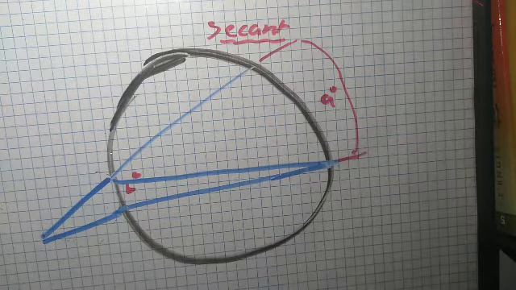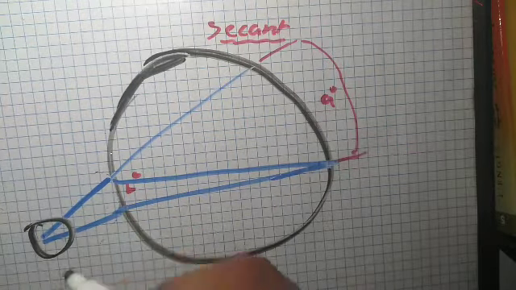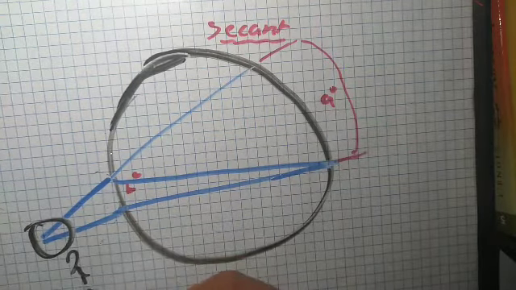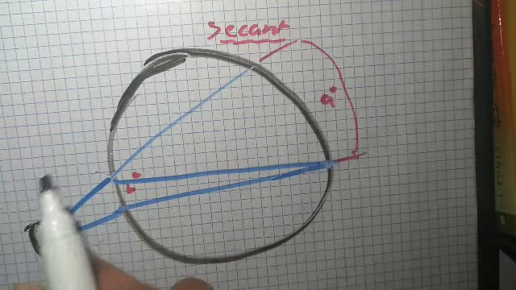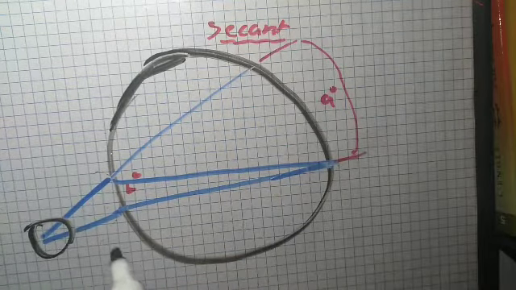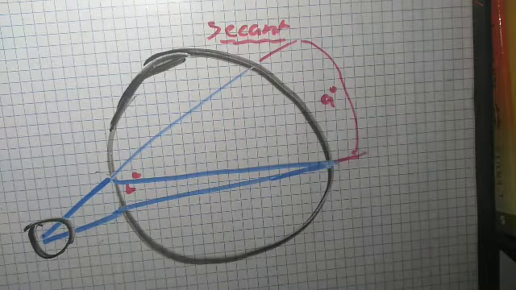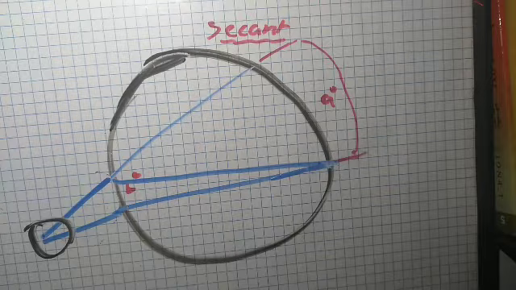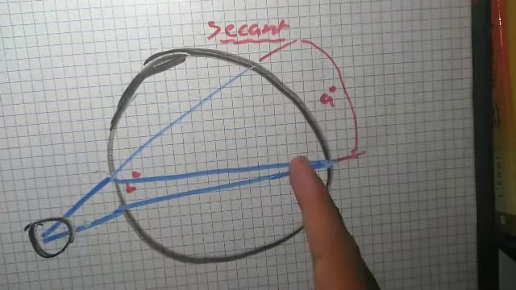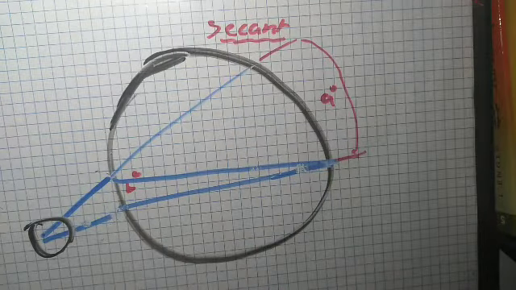Like I said before, what we're trying to find is this angle right here, the angle of these two intersecting secants. We know a triangle is made up of 3 angles. We're going to try to find the difference between the angles that we can identify.